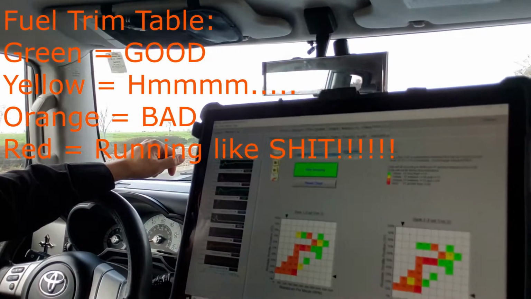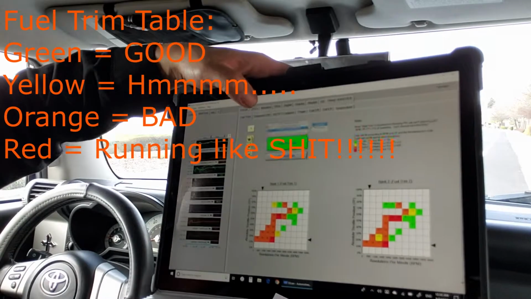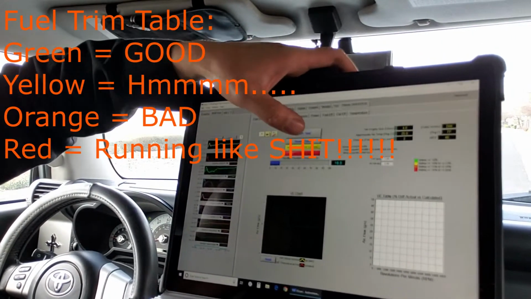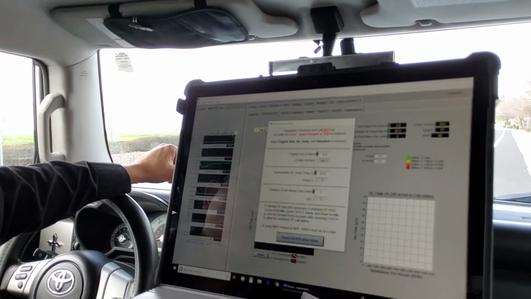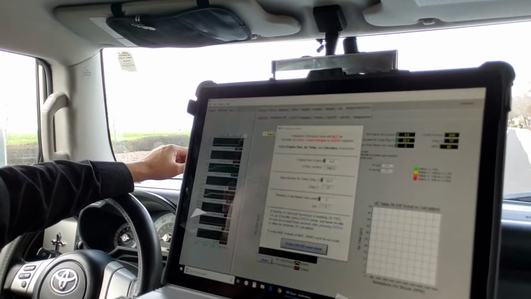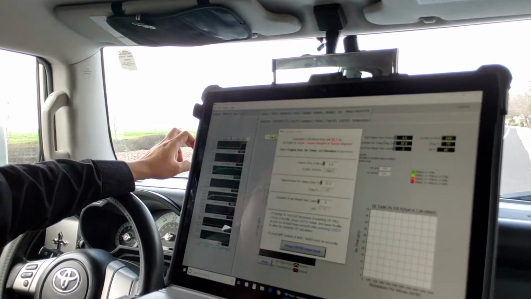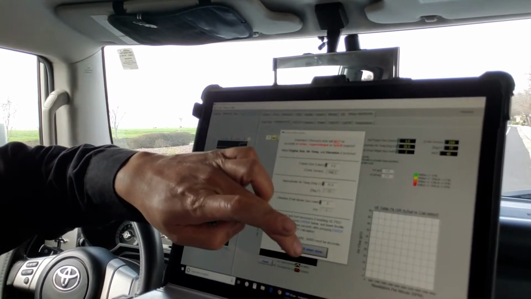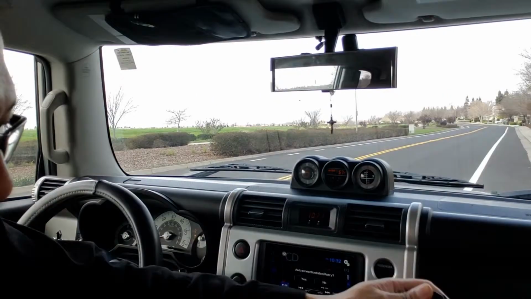Let's do the VE test to confirm my fuel trim correction theory. This engine size is 4.0, elevation, I don't really care. Air temperature, 77, about right. Let's go ahead and do that.